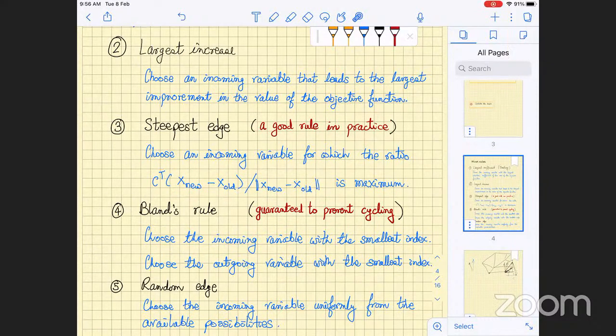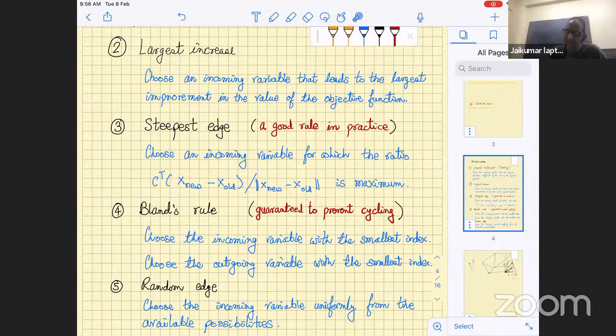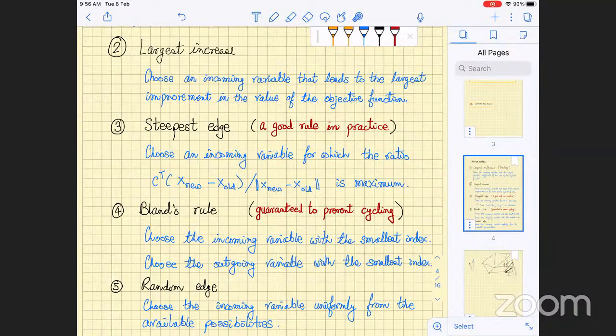Isn't this equivalent to which coefficient of C has the largest value? This will be simply the coordinate of C corresponding to that variable, right? This quantity that you wrote.